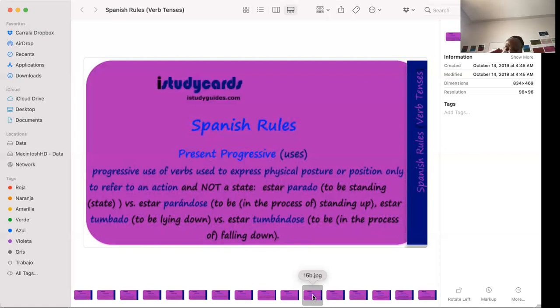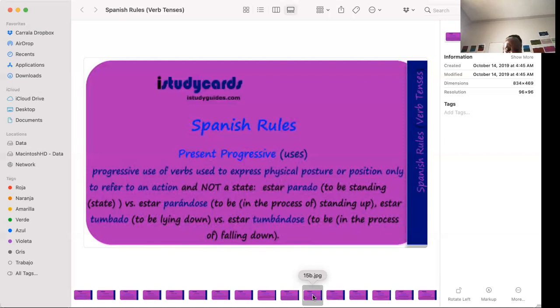When you are using the reflexive and the verb parar, you are not talking about you in the state of standing. It's talking about you being in the process of standing up. That's an action. That's what you're doing. You're standing up. Versus a state, to be standing.